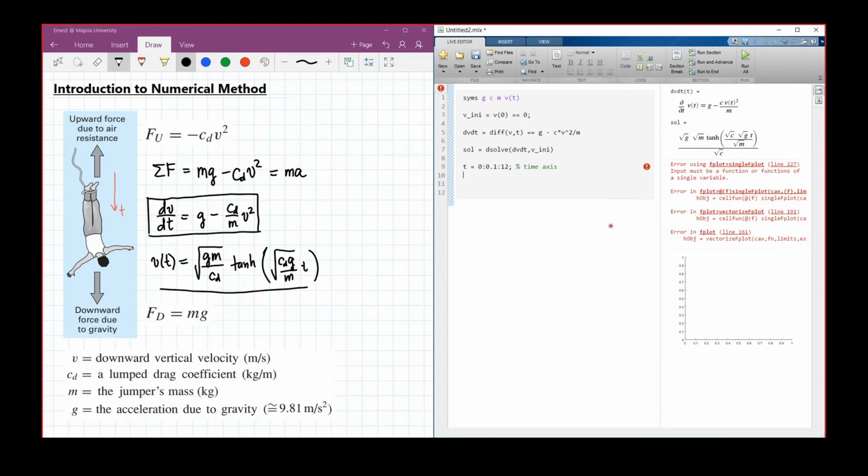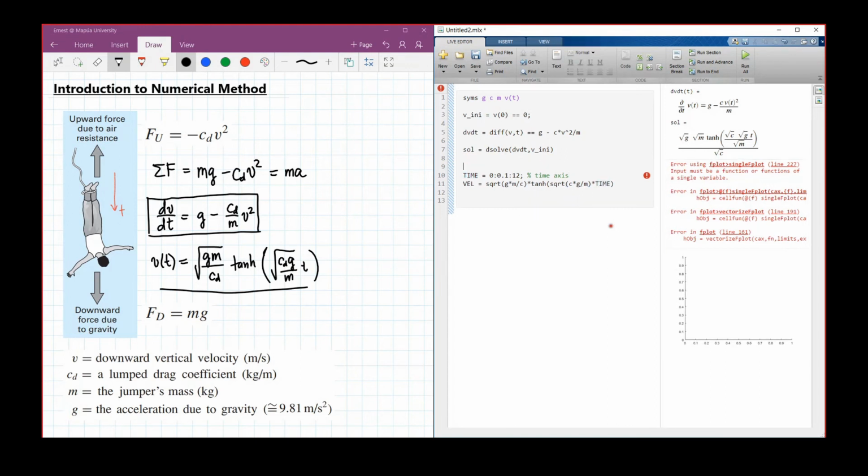And then let's define the velocity function this time. So square root of g times m divided by c times hyperbolic tangent of square root of c times g divided by m times time.